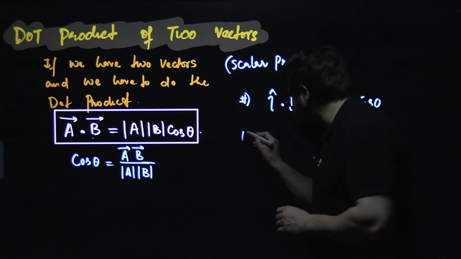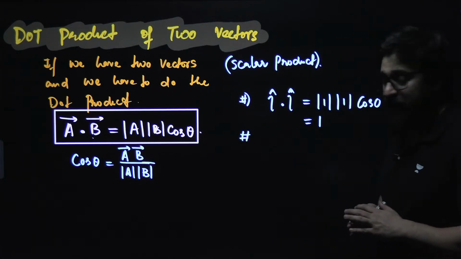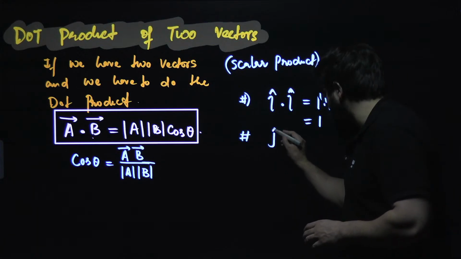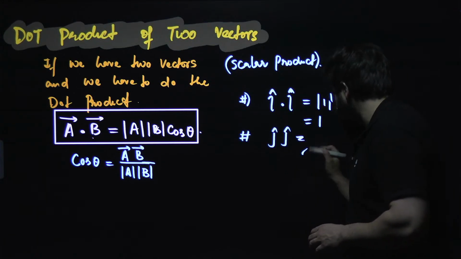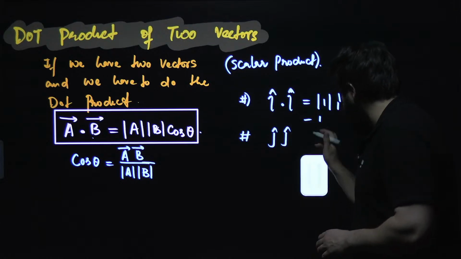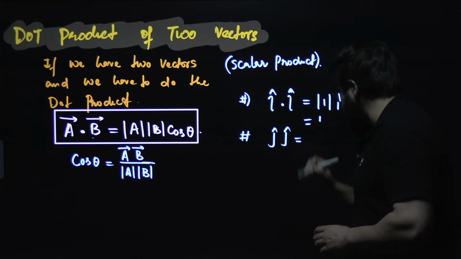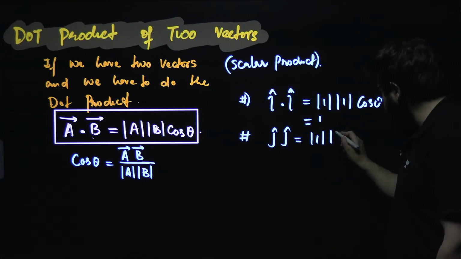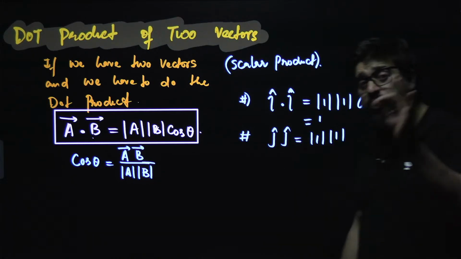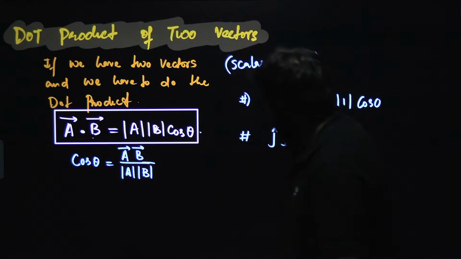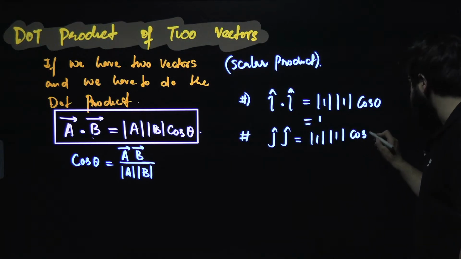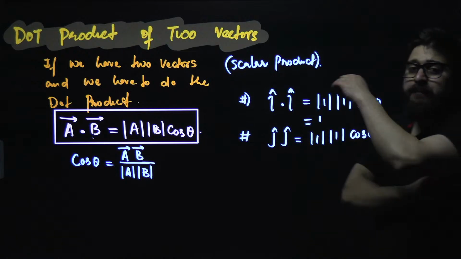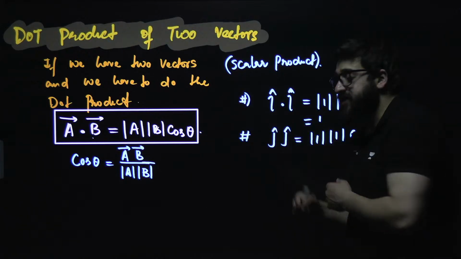And if I ask you one more question, what is the value of j dot j? Sir, you simply say magnitude of j is 1, magnitude of j is 1, because j is the unit vector along the y-axis. And then cos of 0 degrees over here also, because both of these vectors are along the y-axis.